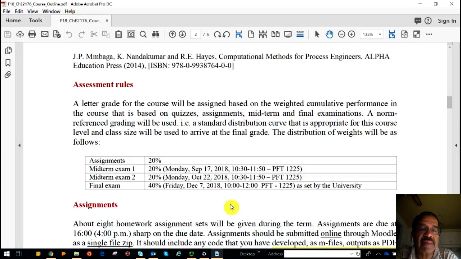There will be 2 midterm exams, each worth about 20%. And I have already put the date. The first one is on September 17th, the second one is on October 22nd, and the final exam is scheduled by the university for December 7th, and that will be worth 40%, making up a total of 100%.